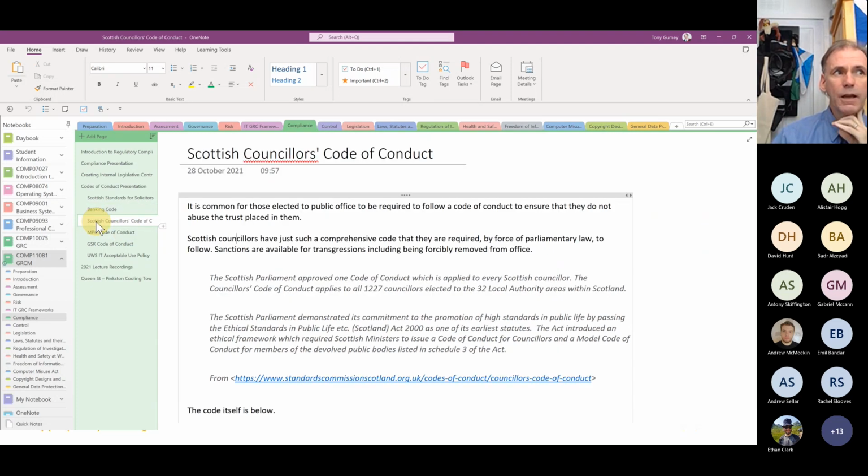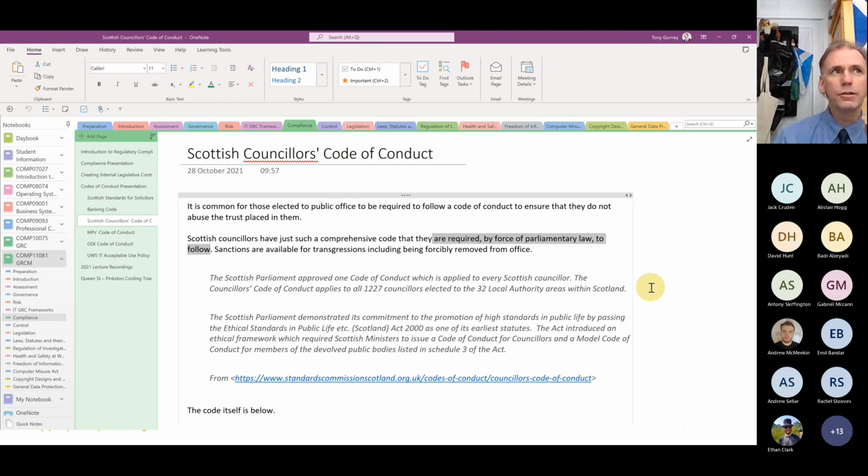Those in public life have a code of conduct. So here in Scotland, if you're elected as a councillor, you have a code of conduct. And here, the code of conduct is not voluntary. Not only is it not voluntary, you're forced to follow it by law.